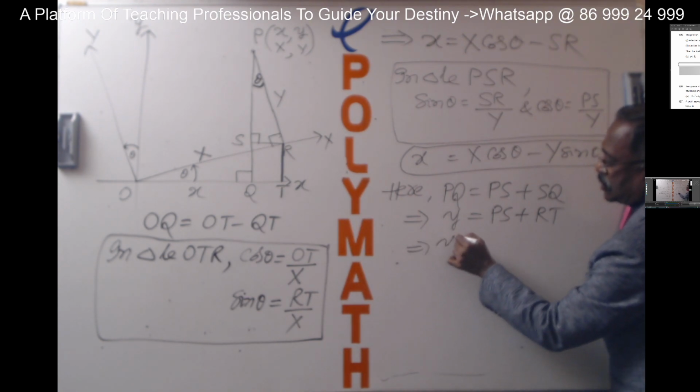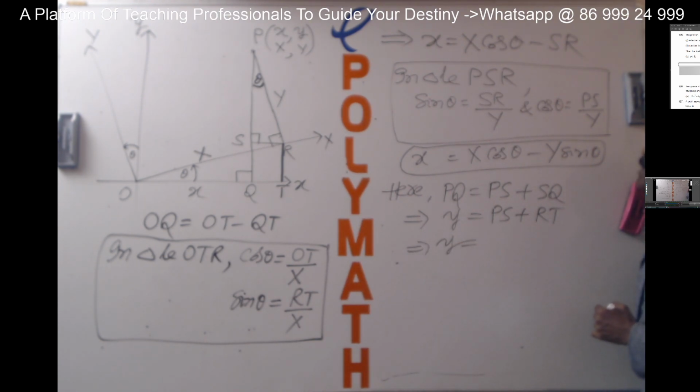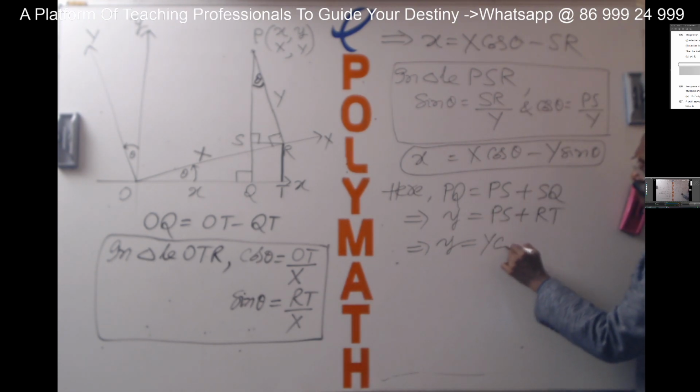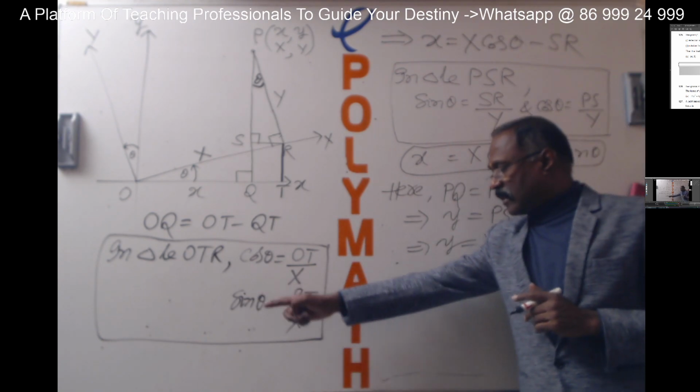Which implies y is equal to, what is PS here? PS is nothing but Y cos theta. What is RT, please? RT is X sin theta.